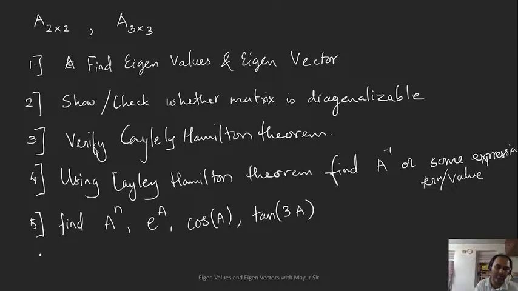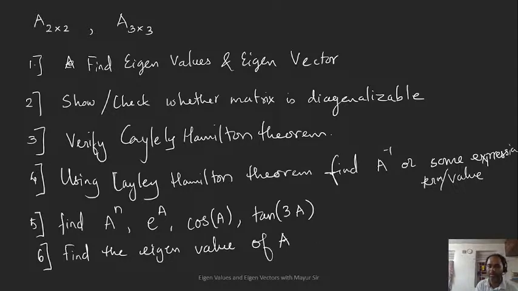The next thing they can ask in the exam is to find the eigenvalues of A, of A raised to 3, or find the eigenvalues using properties, the ones that we did today, properties of eigenvalues.